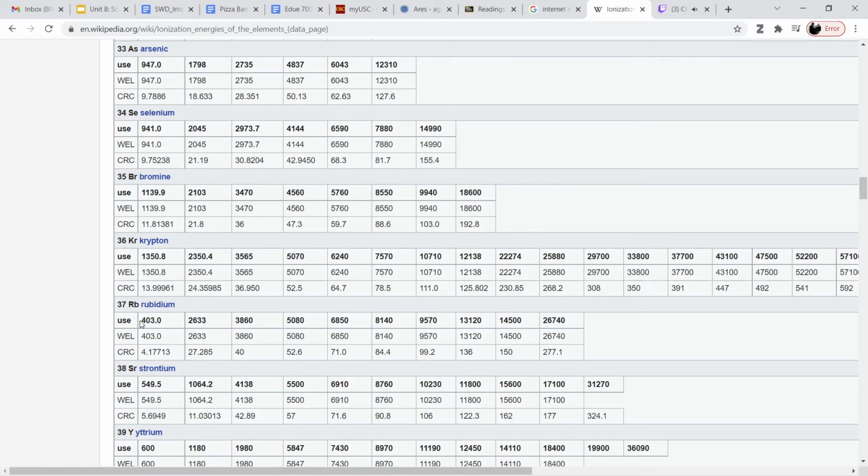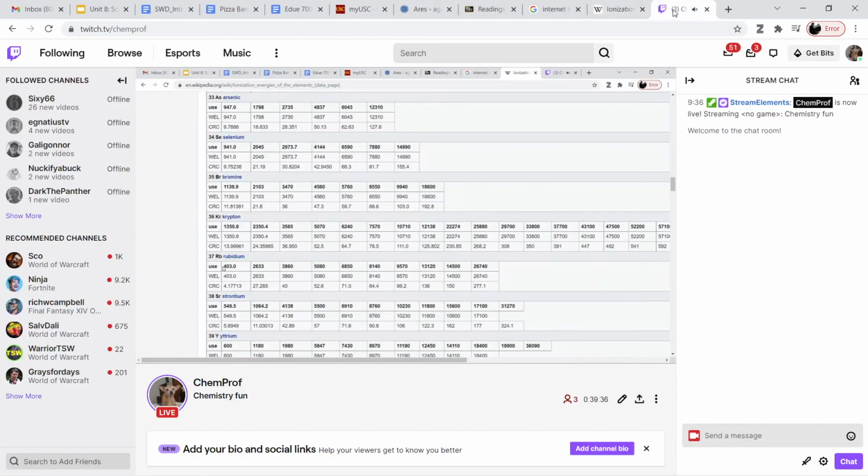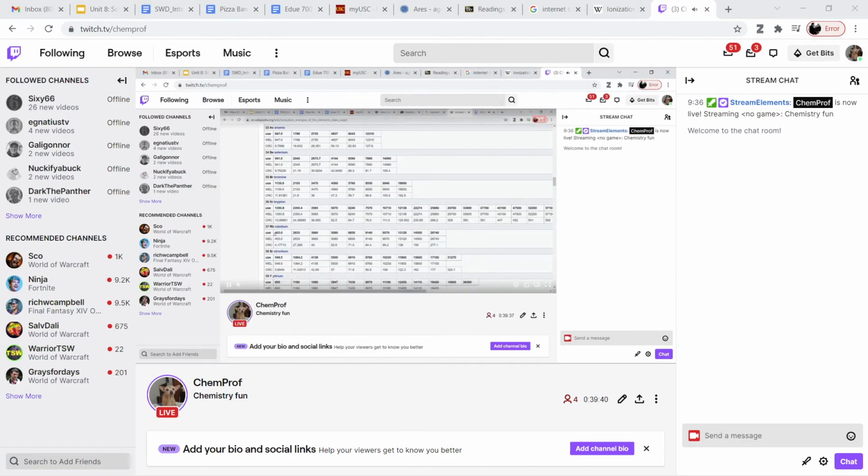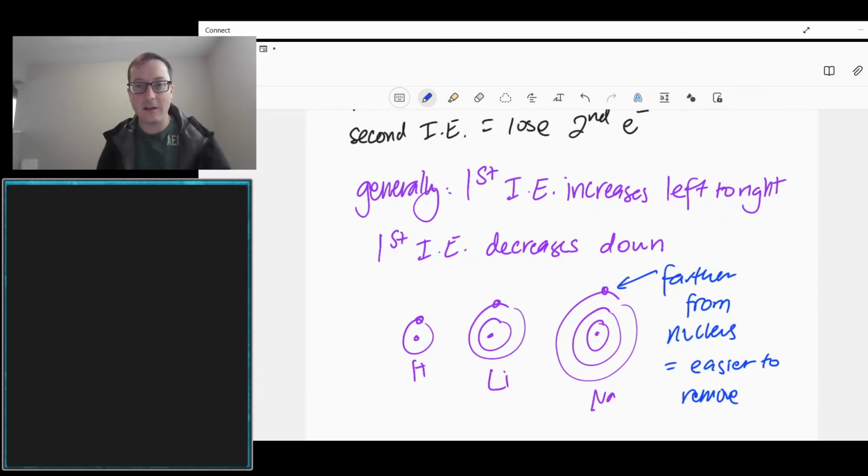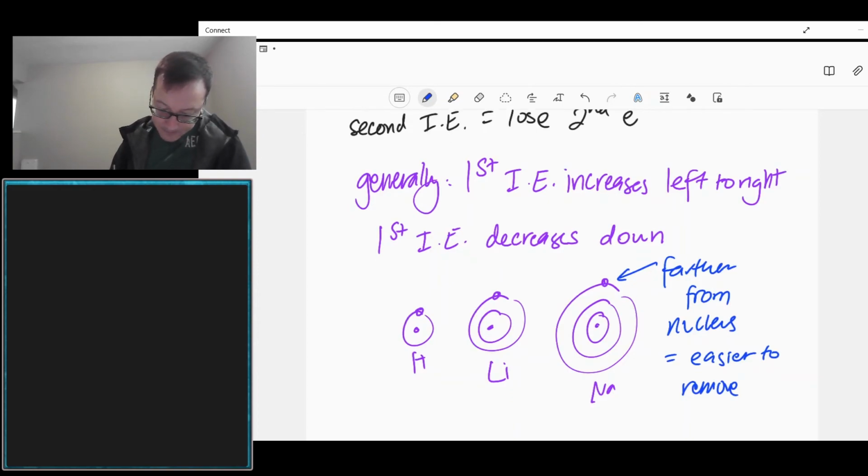And as we go to the right, generally they will increase. So it decreases going down and increases as we go to the right. Which means that we have the highest first ionization energy at helium.